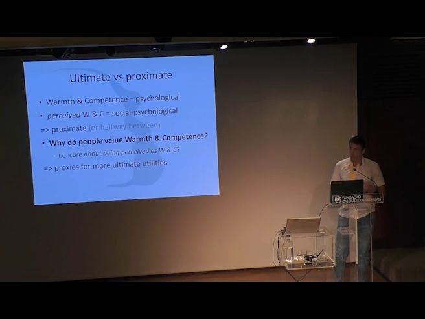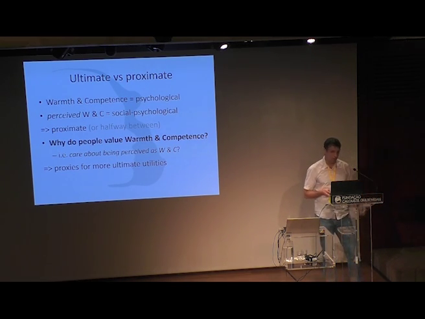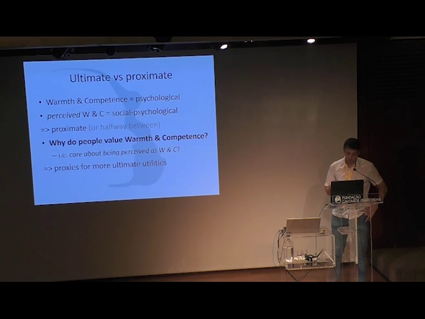So for an ultimate explanation, at bottom, you need to have ultimate currencies, right? So you need to have some link to reproductive success at the end of the chain. Yes, so the question is, why do people value warmth and competence in the first place?